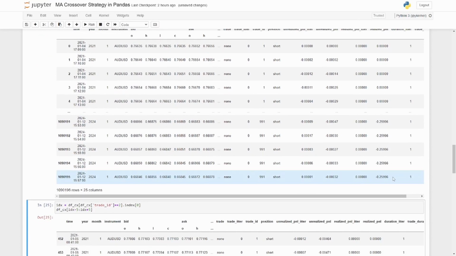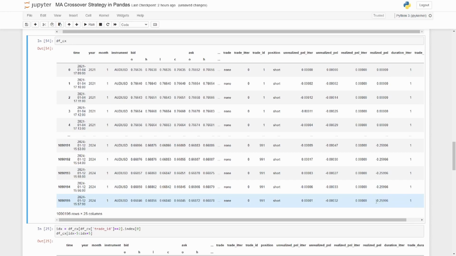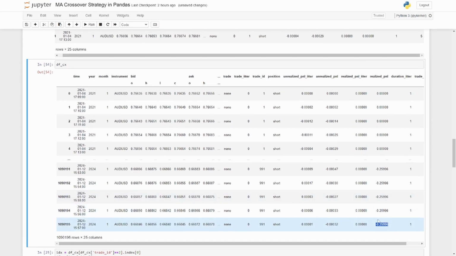In the full data frame, we see that we had a total realized P&L of basically negative 26 cents, which is negative 2,600 pips. That's not really ideal. So what does that look like if we flip it? If we say, you know what, if the short-term moving average goes above the long-term moving average, we're actually going to take a short instead of going long, right? What happens if we do that?